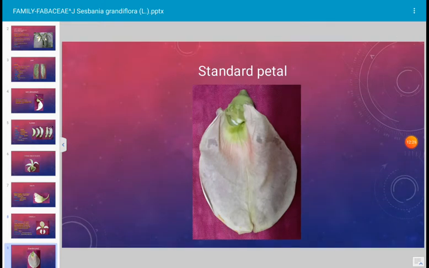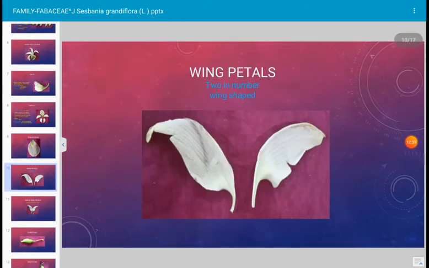Okay, next slide. This is the standard petal removed from the flower, which is very large, oval, large in size. Next. These are the wing petals. There are 2 wing petals in Sesbania grandiflora. Wing petals are similar in size and shape, and these petals are clawed petals.